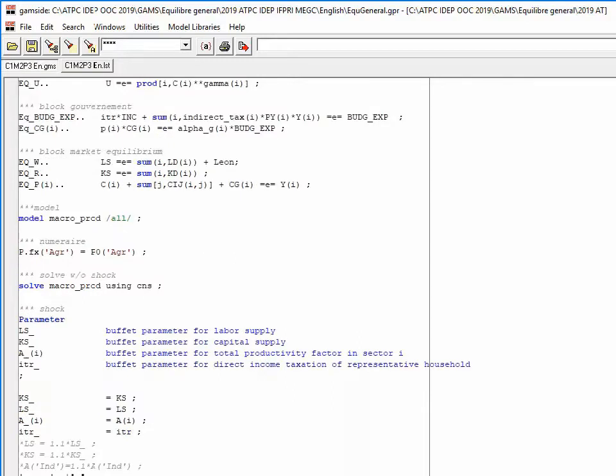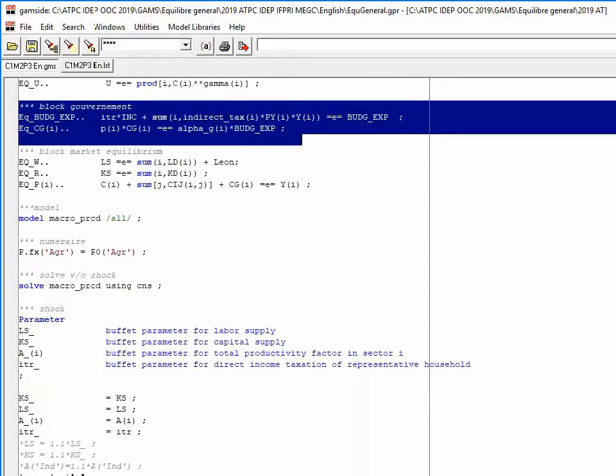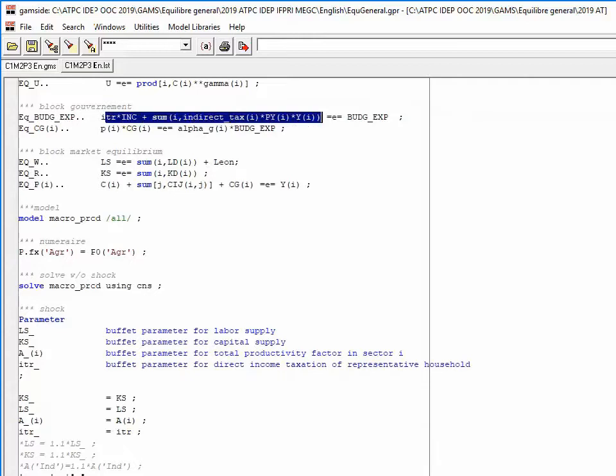And then we have now a block which is government. And so we have two equations. The first equation relates the equality between total revenues and total expenditure.